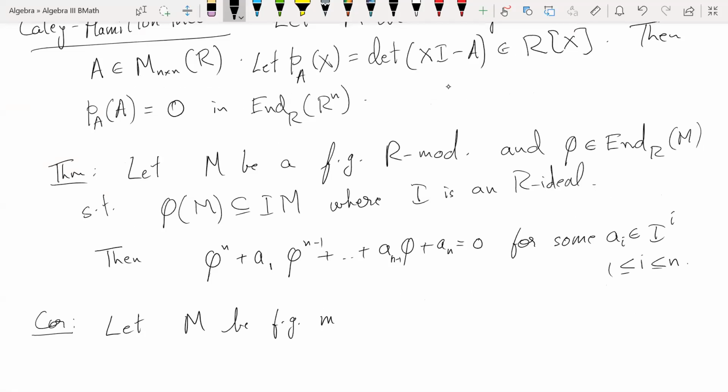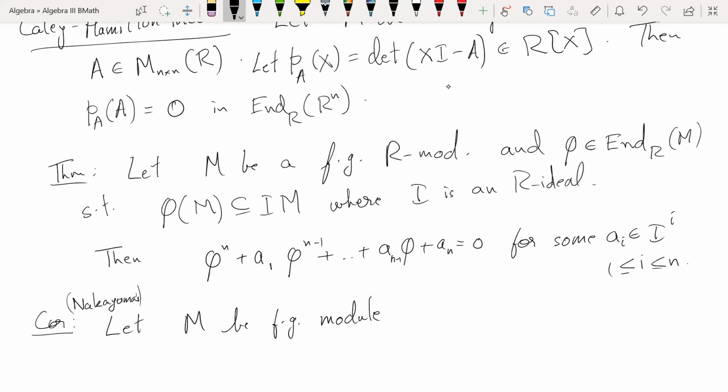Nakayama proved it for local rings, and people realized that the proof can be slightly generalized. The main thing is the idea, and then someone can obviously generalize it slightly once the machinery is there. So let M be a finitely generated module.